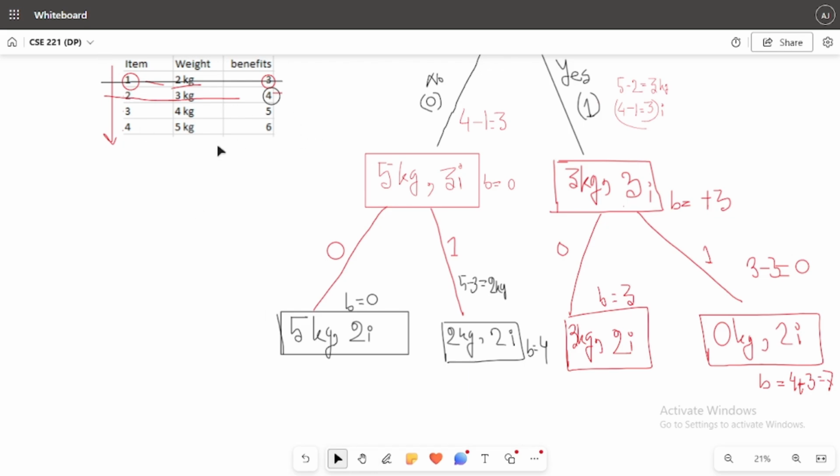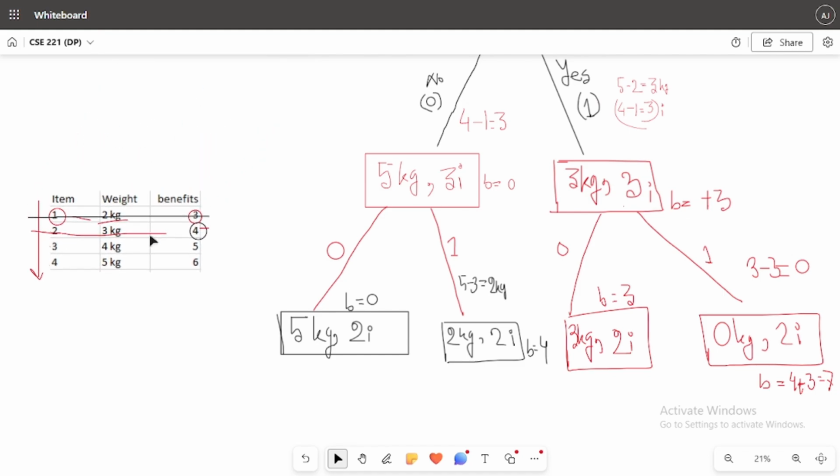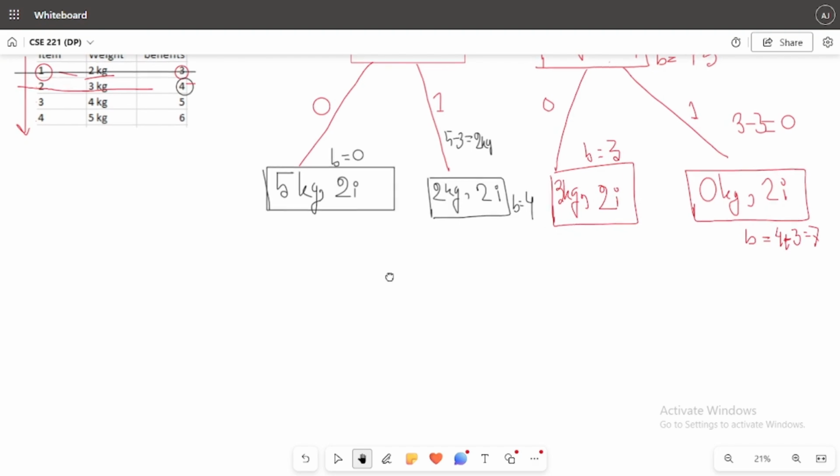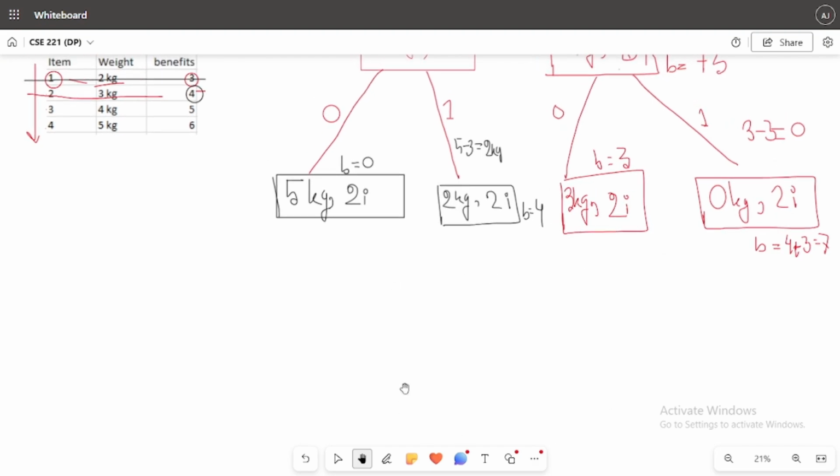Now there will again be 2 children from each root, right?